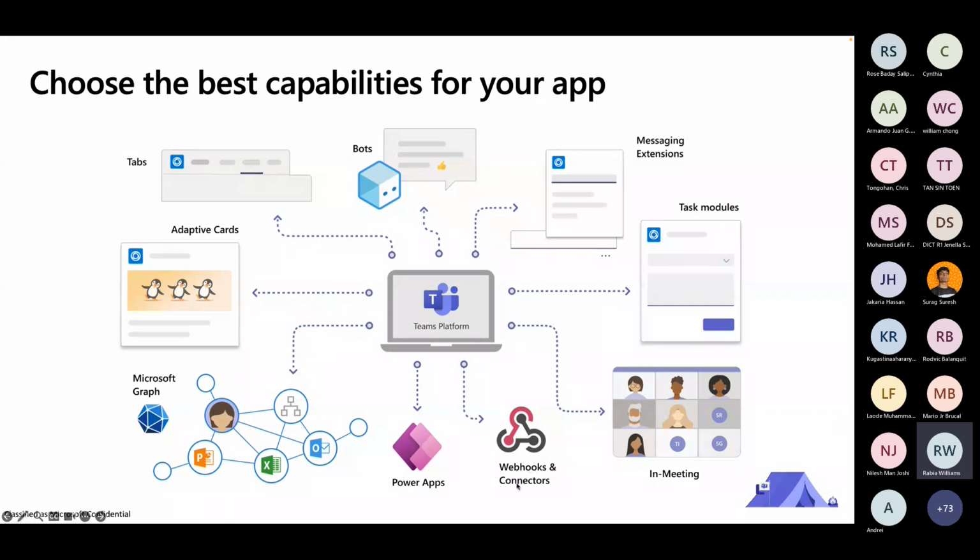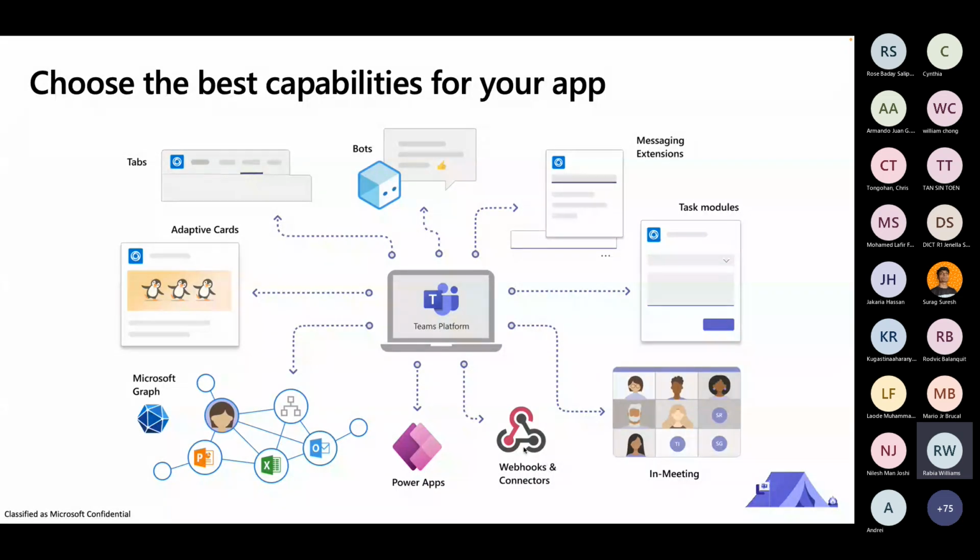So webhooks and connectors. When you say bots, they're conversational. They need your context to further give you information. Webhooks and connectors, in a way, are one way, in the sense that when something happens, they give you notifications or updates, or send a card into your channel, things like that.